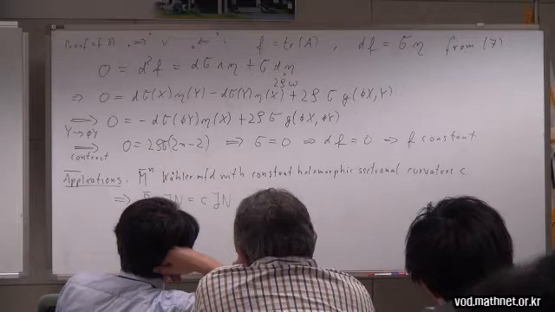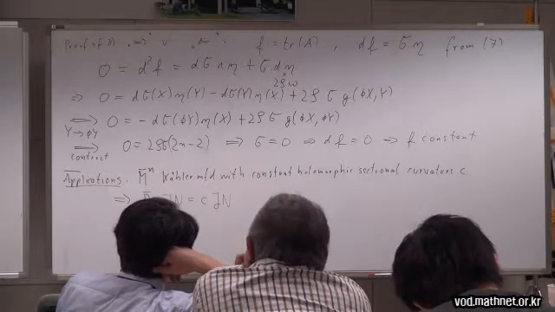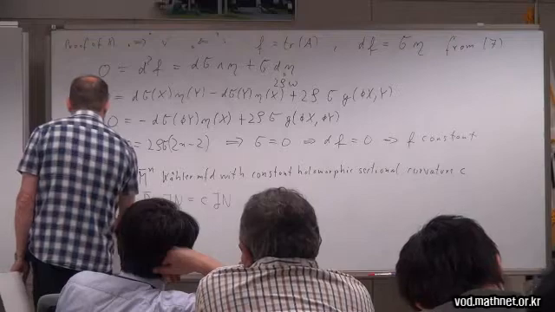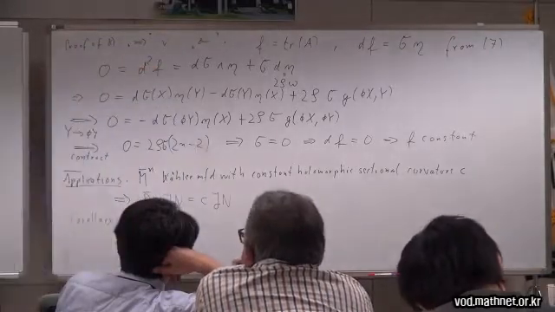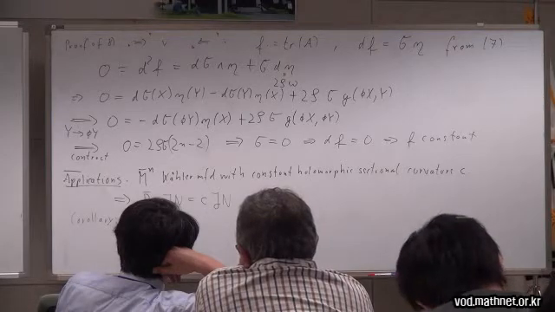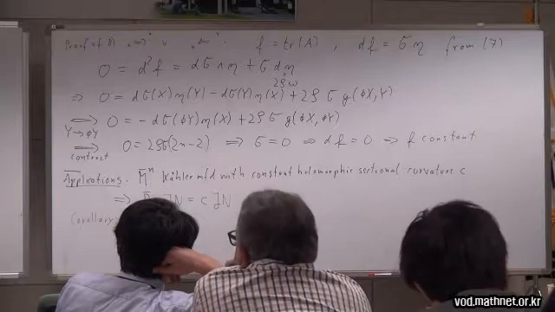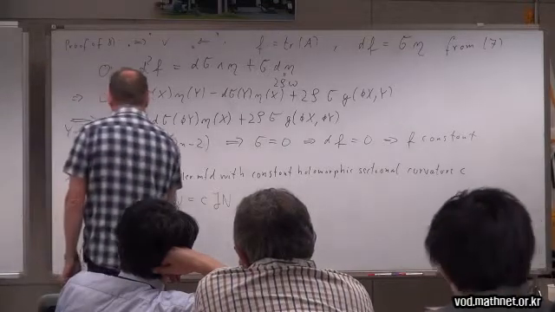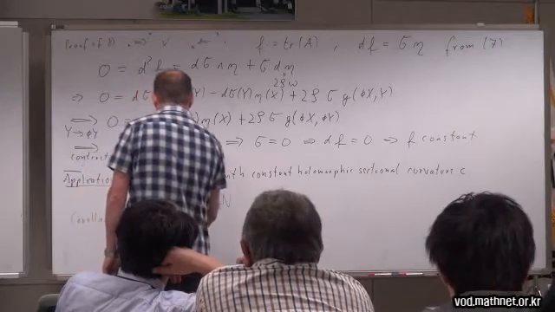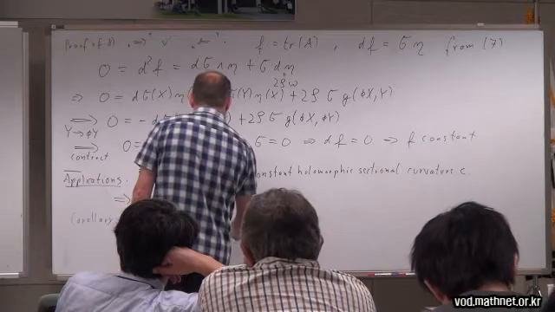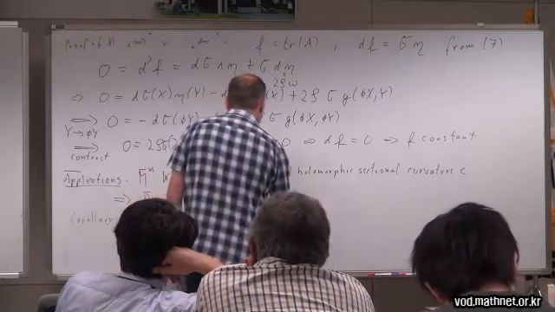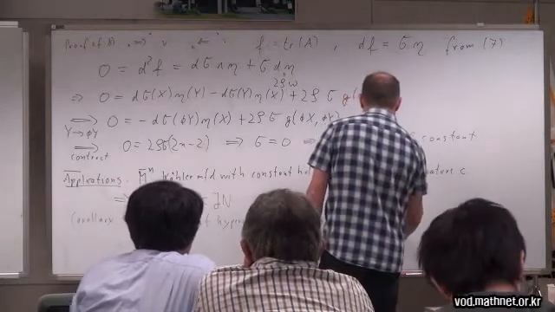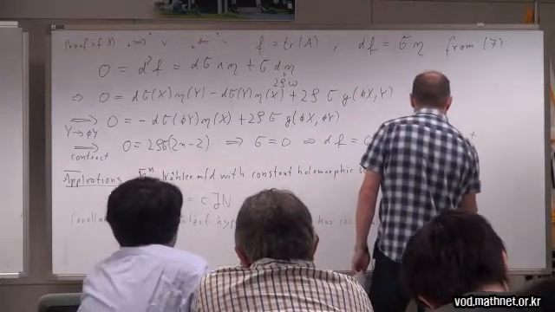So what we conclude from this, as a corollary, is that every contact hypersurface in a Kaehler manifold with constant holomorphic sectional curvature must have constant mean curvature, and also the alpha must be constant.